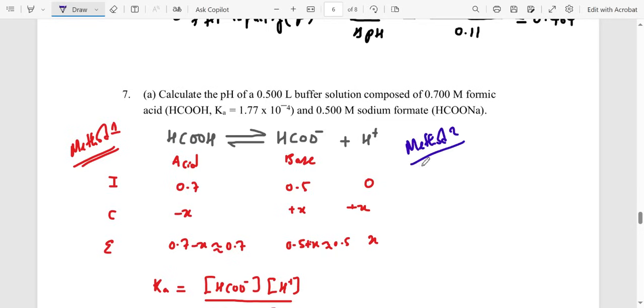Here we have got the acid and the conjugate base. So the way we calculate pH from the Henderson-Hasselbalch: pH is equal to pKa plus log the concentration of the base over the concentration of the acid.